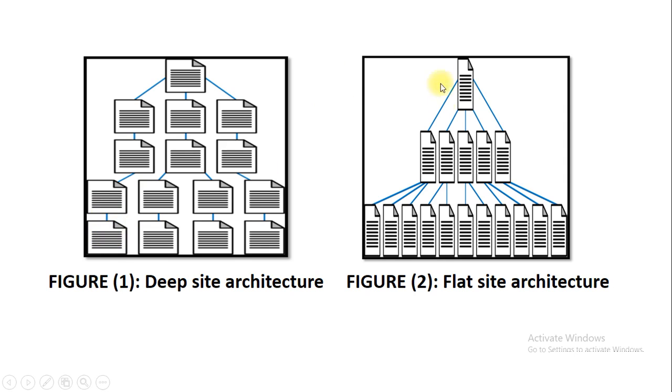Similarly, if you are working with a flat file architecture and you want to reach the bottom or last categorical pages, in such cases you just need to perform a few clicks, and by performing a few clicks you can reach the last or bottom level of that particular website. So it is the beneficial point of flat file site architecture. By performing very few clicks you are able to reach particular pages.